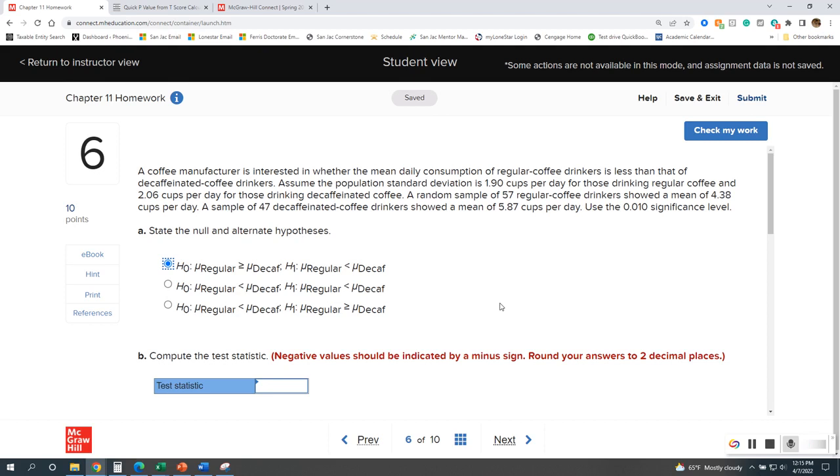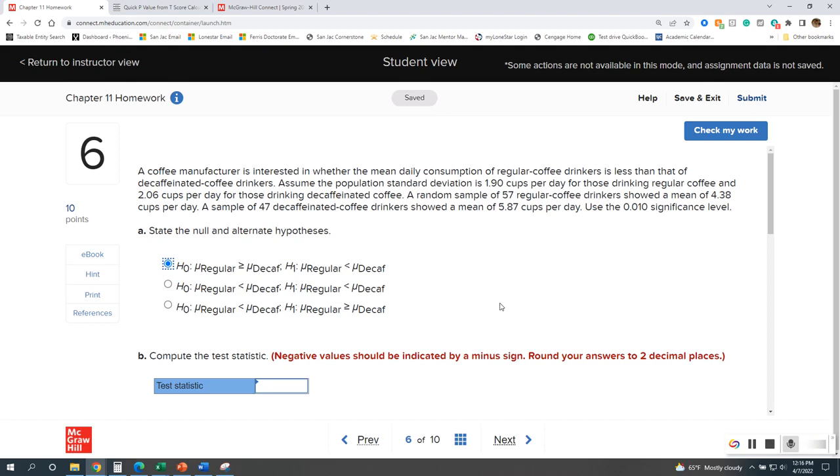Okay? But we're going to assume the population standard deviation is 1.90 cups per day for those drinking regular coffee and 2.06 cups per day for those drinking decaffeinated coffee. A random sample of 57 regular coffee drinkers show a mean of 4.38 cups per day.